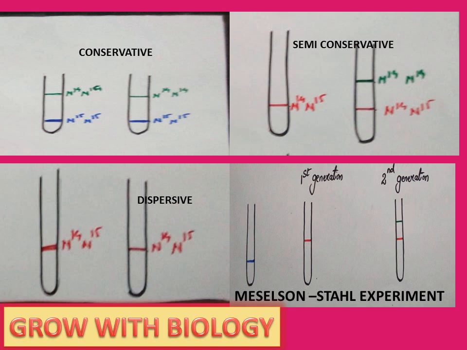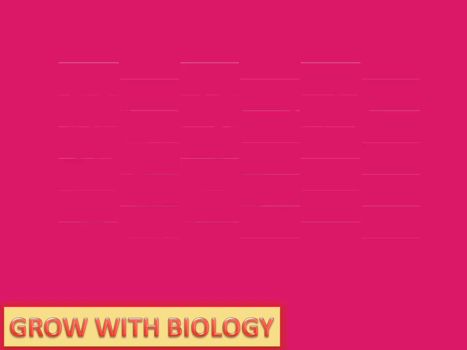Whereas in semi-conservative, in the first generation there is only one band, that is a combination of 14 and 15, whereas in the second generation it has N14 and N15. So out of these three, only the semi-conservative mode of replication matches with Meselson and Stahl's experiment, which proves that DNA replicates by the semi-conservative mode. Thank you.